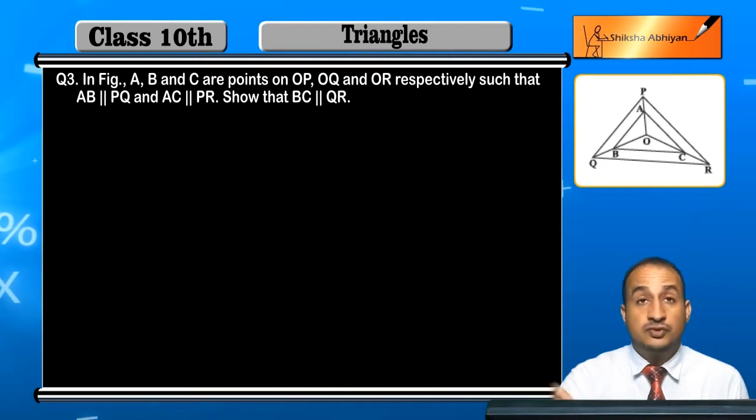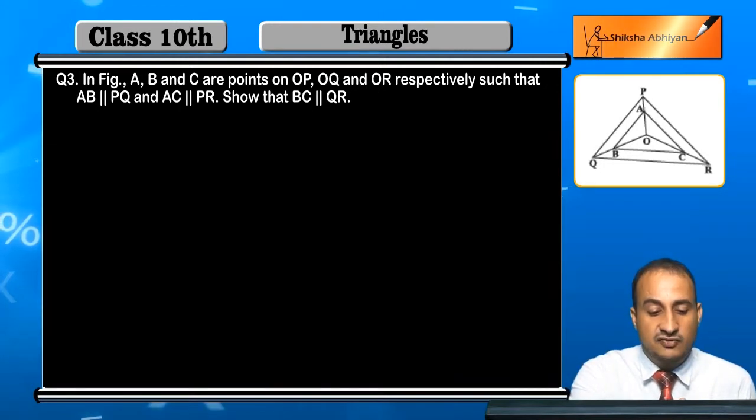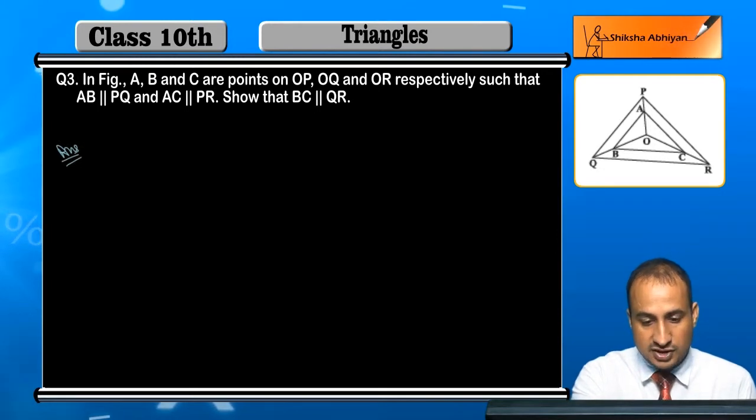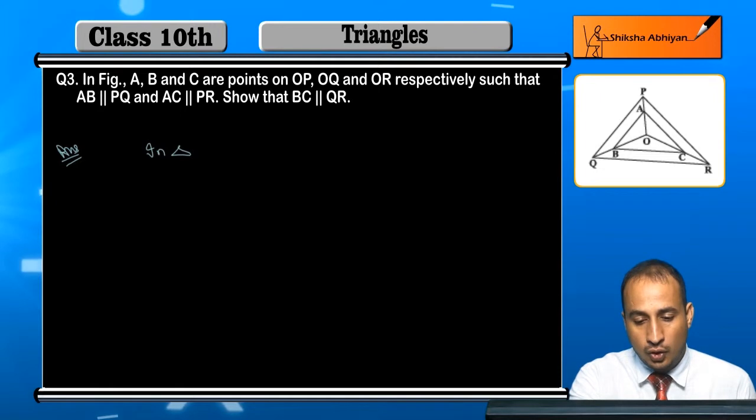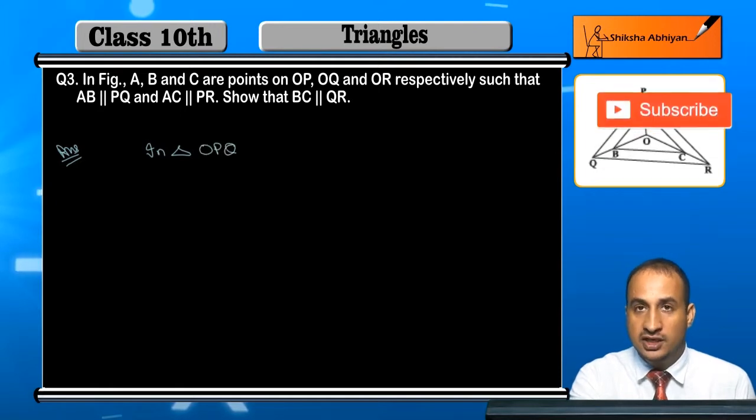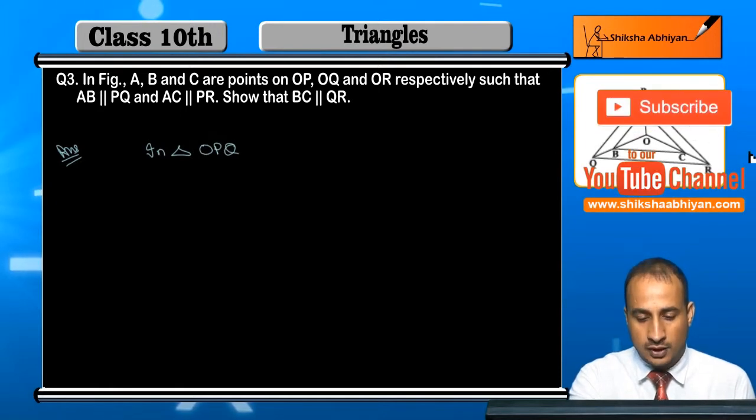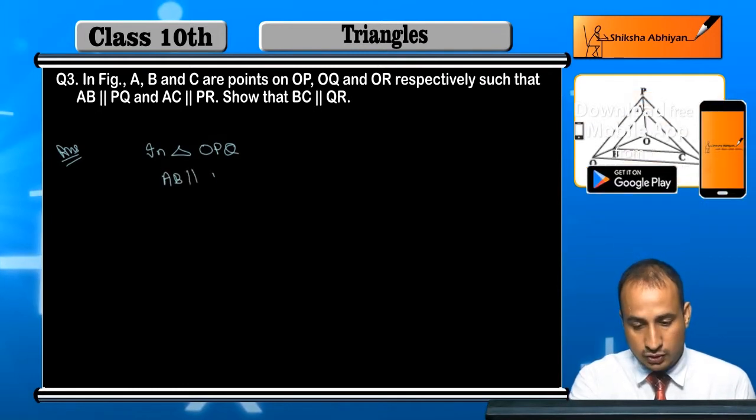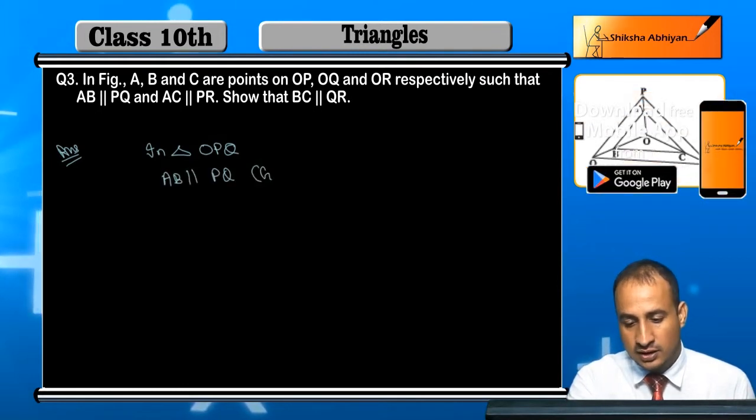Now students, first we will see in the figure, in triangle OPQ. In triangle OPQ, it is given that AB is parallel to PQ.